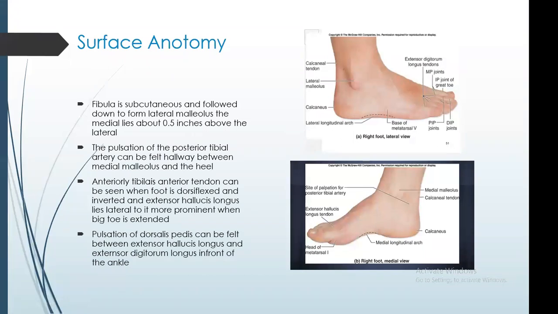So the fibula is a subcutaneous bone which is followed down from the lateral malleolus. The medial malleolus lies about half an inch above the lateral malleolus.